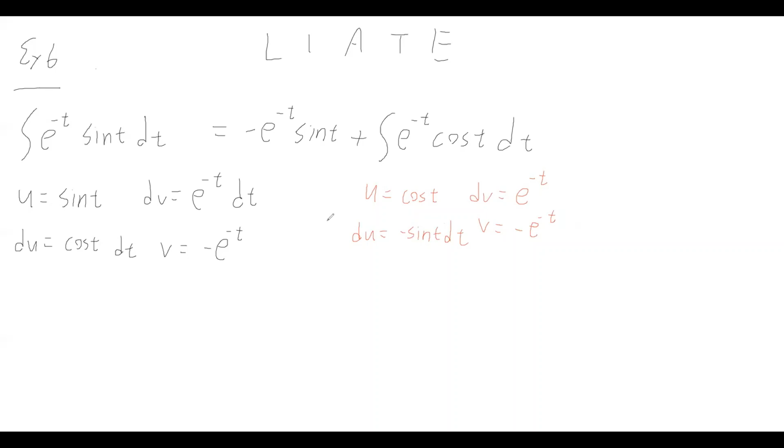That's equal to uv, right? So negative e to the negative t sine t plus negative e to the negative t cosine t minus the integral. So that's two negatives. So we still have a negative here. E to the negative t sine t dt.